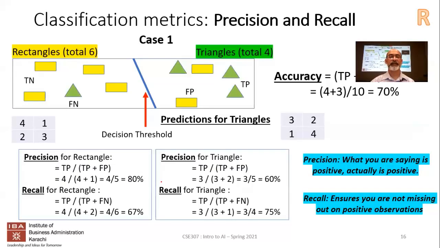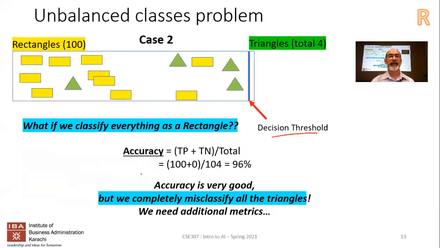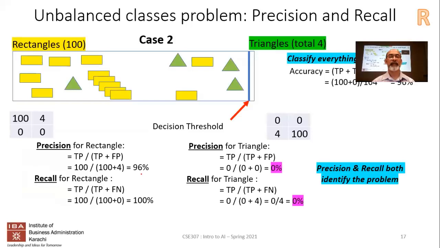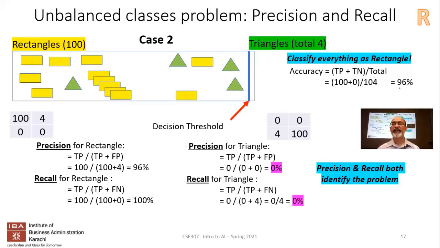We saw that even though the rectangles were doing well in this case, the accuracy is also coming out to be very high, 96%, and the precision and recall, which were the two additional metrics that we looked at, were coming out very well for the rectangles. However, because we had shifted the decision threshold to one extreme side, the precision and recall for the other category, which was the triangles, was coming out really bad.